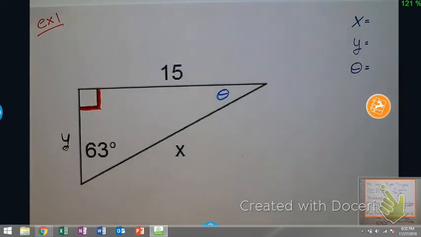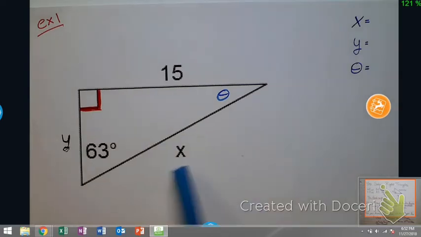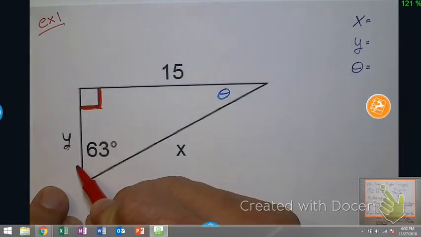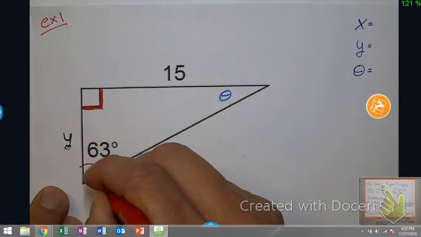Let's solve for the missing sides first. Let's solve for x and y. To solve for those sides, I'm going to use my trig functions. First, I'm going to notice that I know this angle is 63 degrees.